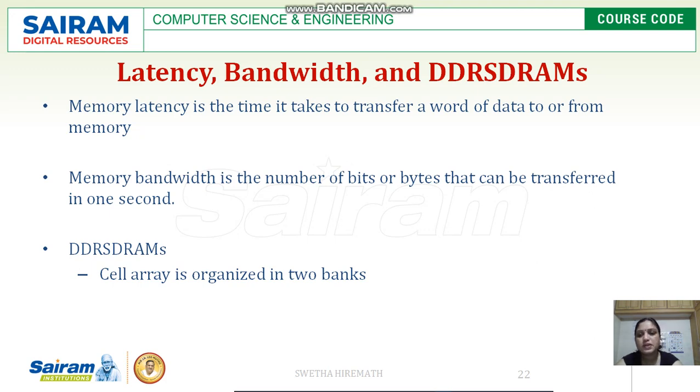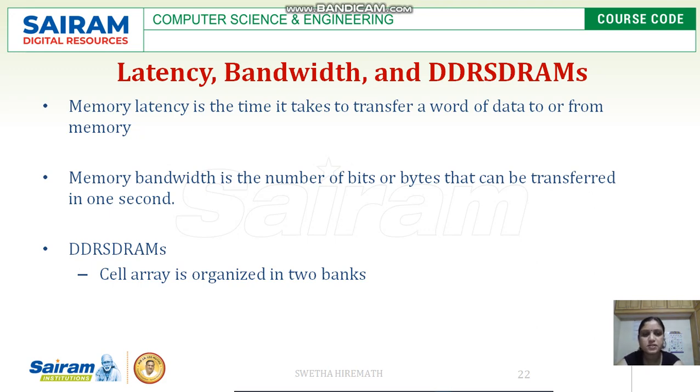Okay, so next one is DDR SDRAMs. DDR stands for double data rate synchronous dynamic random access memories. Whatever we have studied till now, the data was being transferred only at the high end of the clock signal, where two values exist, high value and low value.